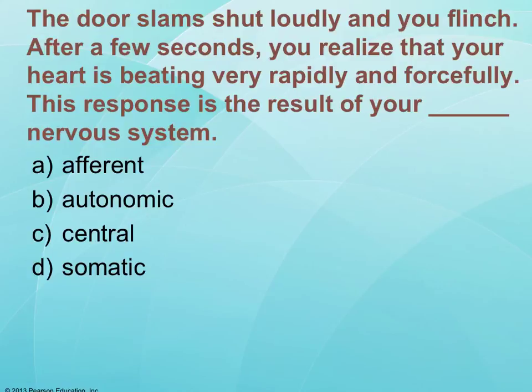The door slams shut loudly and you flinch. After a few seconds, you realize that your heart is beating very rapidly and forcefully. This response is a result of which nervous system? The answer is B, the autonomic system. It's involuntary control of the heart rate and also the strength of your heartbeat. That's forcefully.